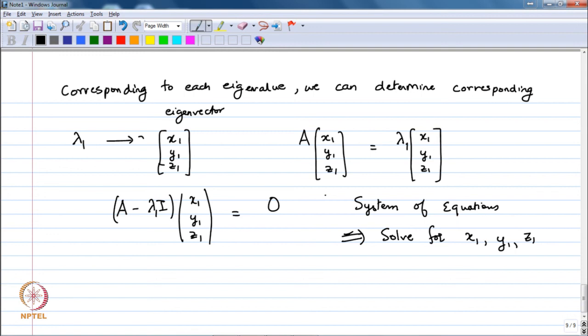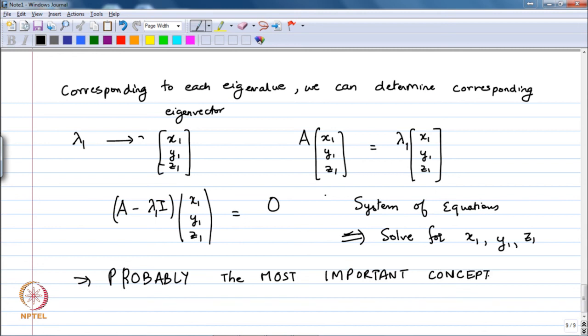But the point is, now we know how to calculate eigenvalues and eigenvectors of a matrix, and I can emphasize this is probably the most important use of matrices, the most important concept in terms of utilization.